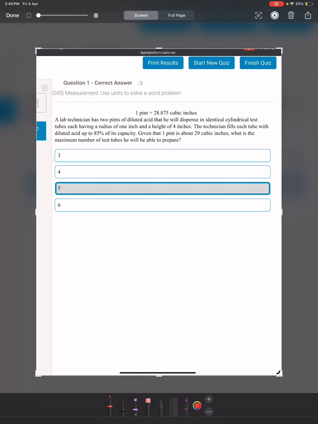The formula for the maximum number of test tubes, or total number of test tubes, is total volume over usable volume per tube.